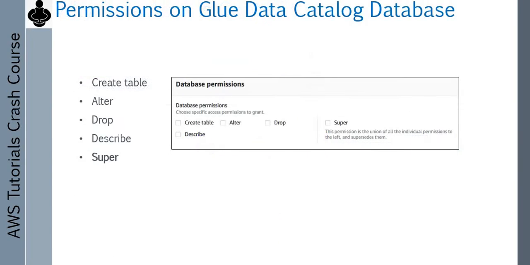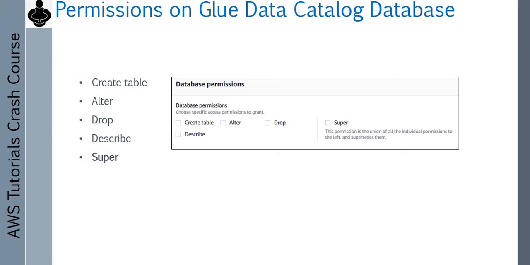So you can give permission in the Glue catalog at many levels. The first level is the database level. In a database, you give permissions like: can someone create a table in this database or not?